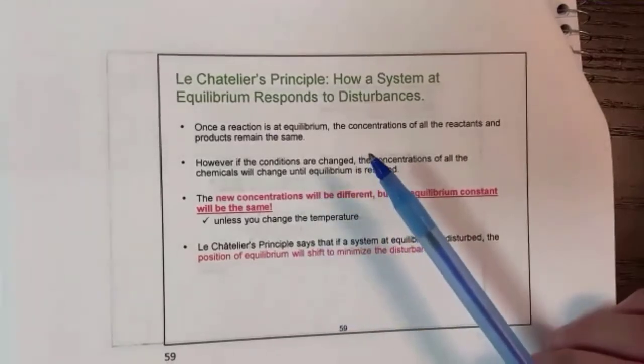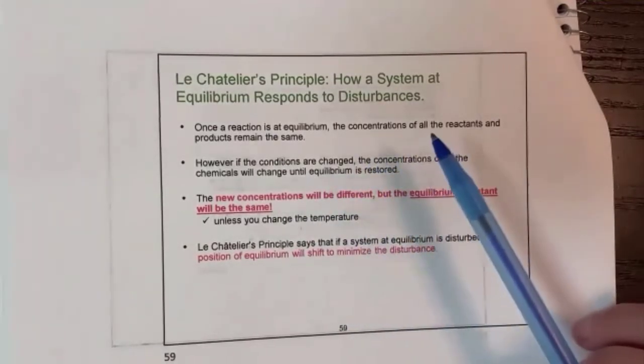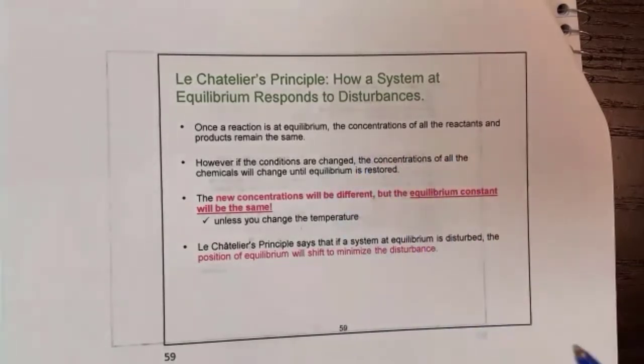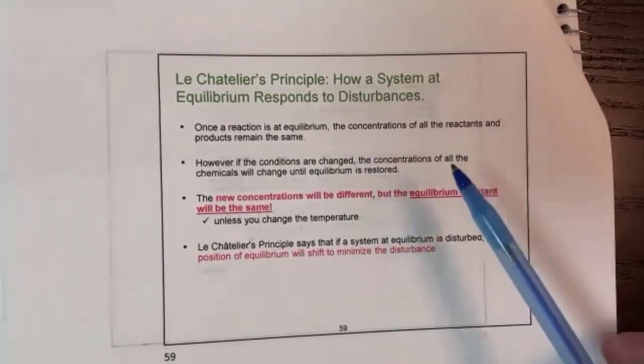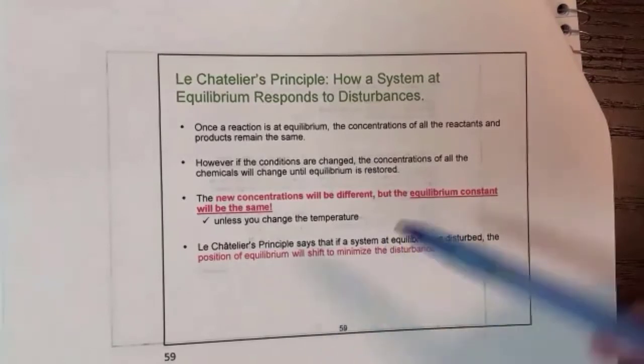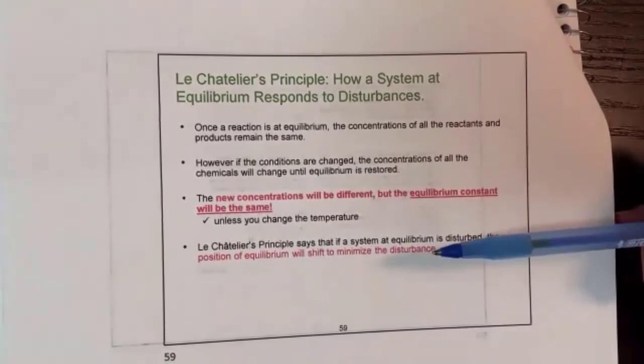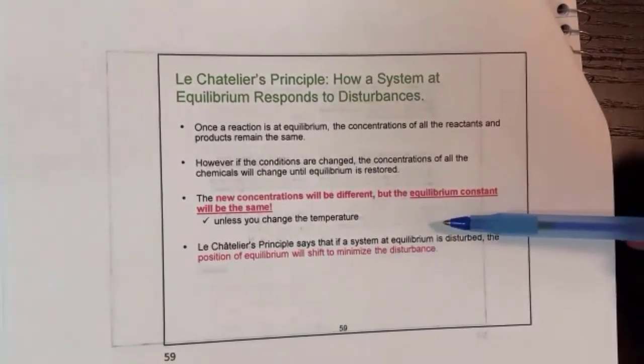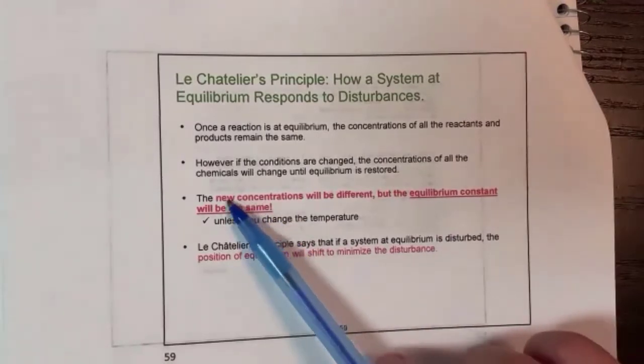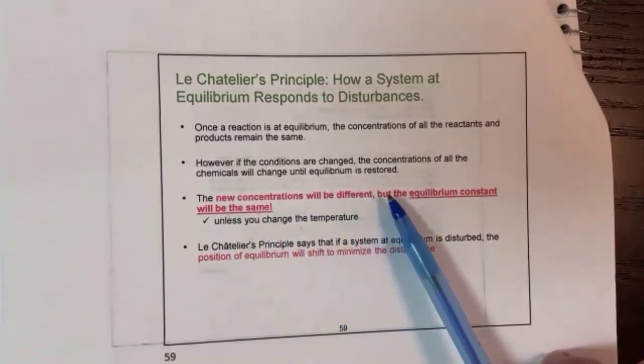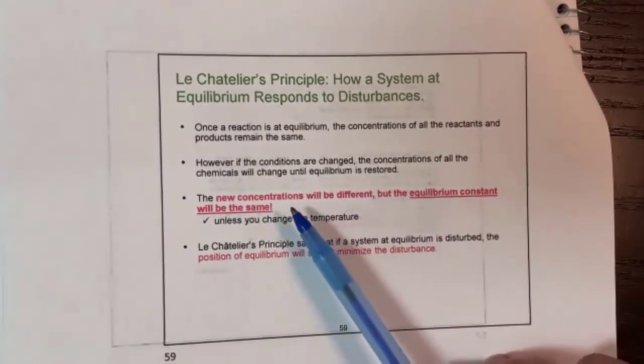At first it was K, you disturb it, it turns to Q, and the system will try to turn itself back to K. The trick is that when you turn back to K, the K ratio is the same, but the molarities don't have to be the same. So the new concentrations are different, but the K equilibrium constant stays the same.